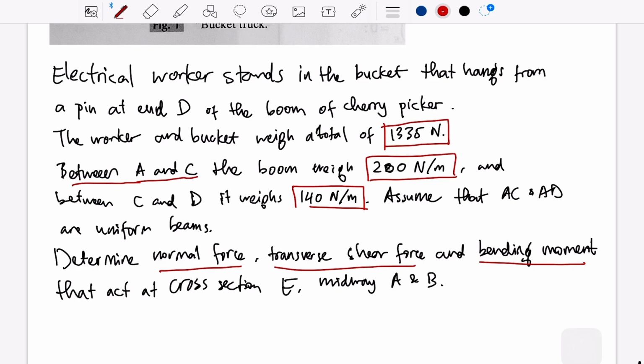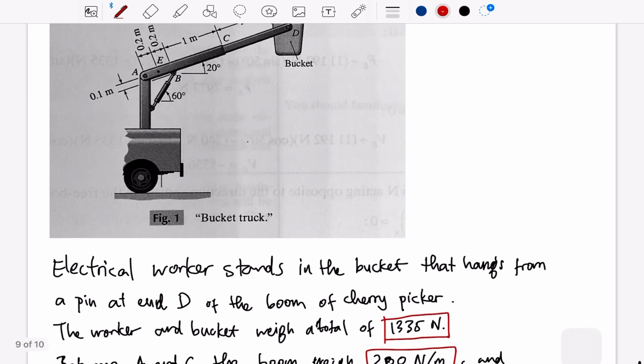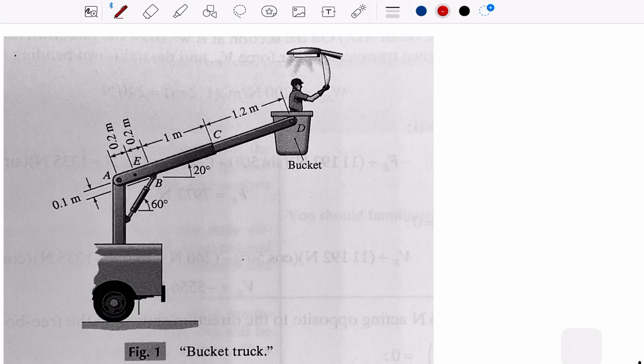It's the same question as before. We need to find what? This is N, this is V, this is M, that act at cross section E in the midway of A and B. Let me just give you the idea that the total weight is 1,335 Newton, and then we need to find this from this E. So we need to cut open E. The same procedure as before, just a different schematic diagram.